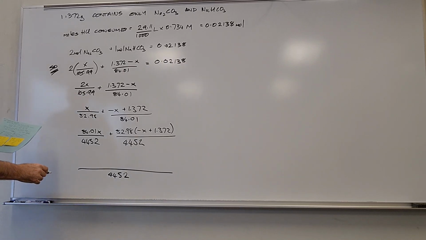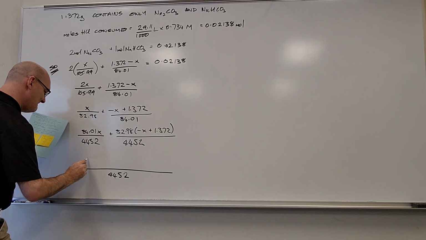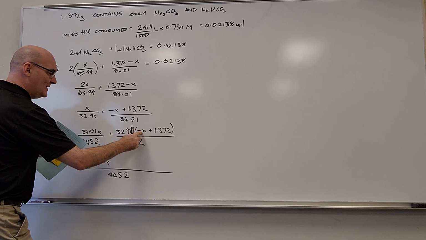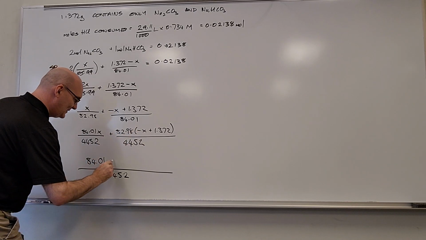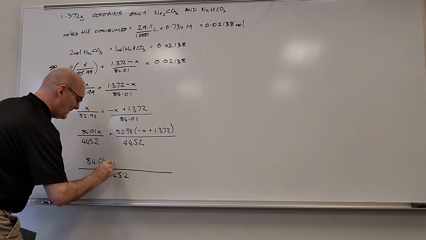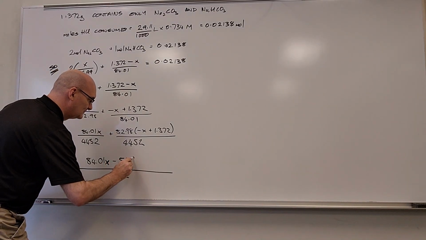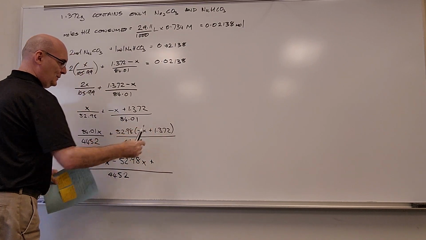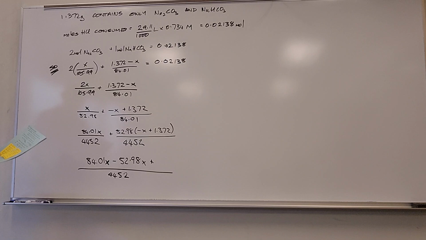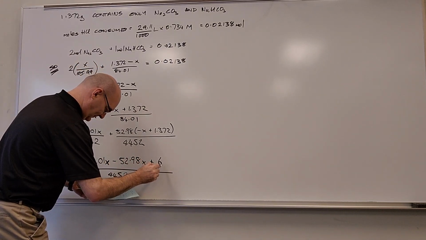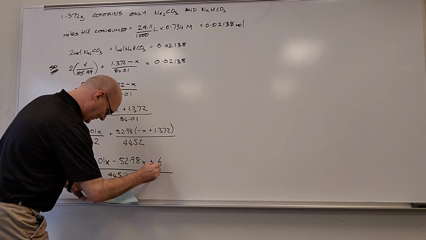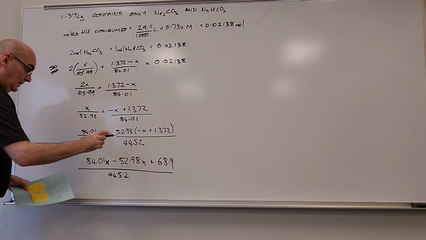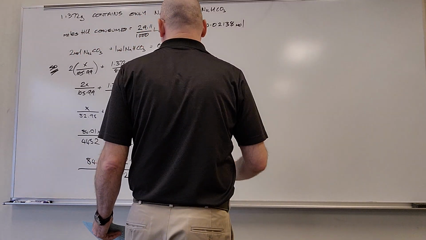Okay, so I have 84 x's here, and I have negative 53 x's, it's an x. And I have 52 over whatever that is, of 53 times 1.37 is 68.9, all divided by that.